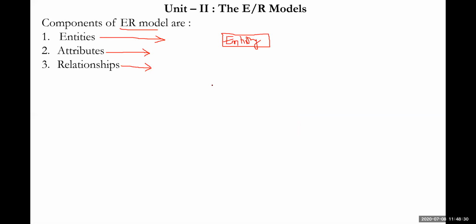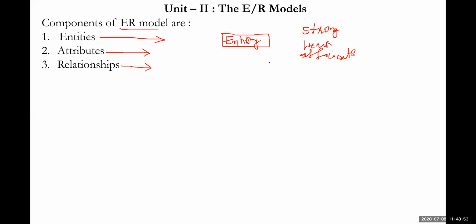Within this we have three different categories: one is a strong entity, second is a weak entity, and third is an associate entity. So three different types of entities are available here.